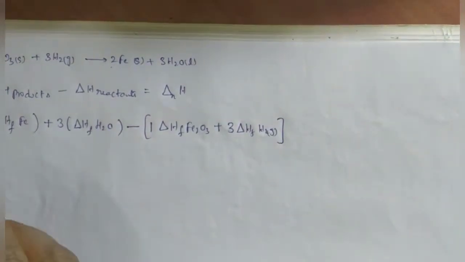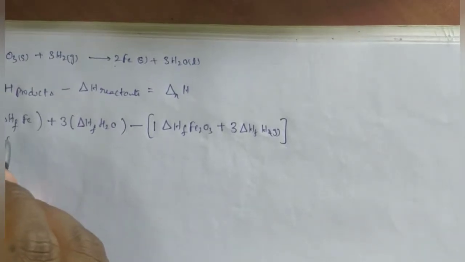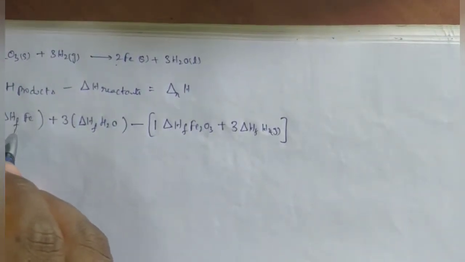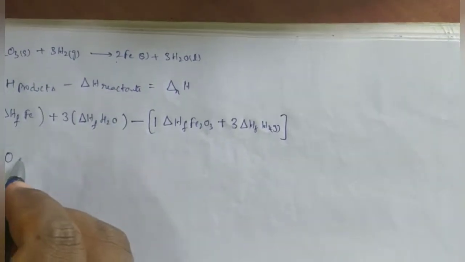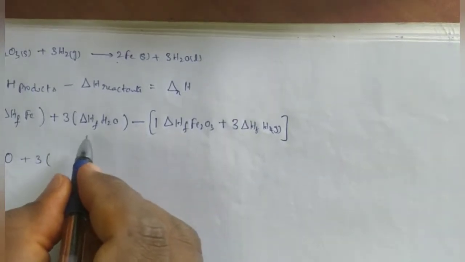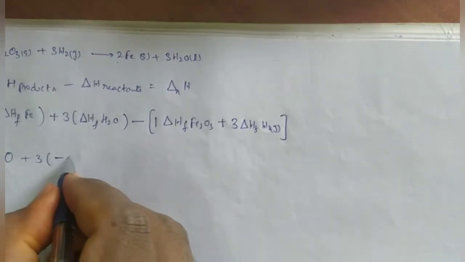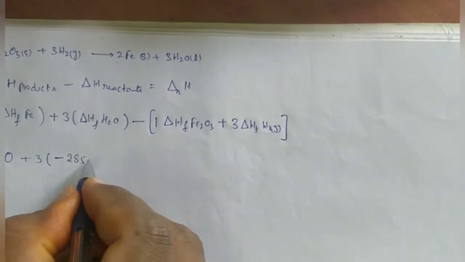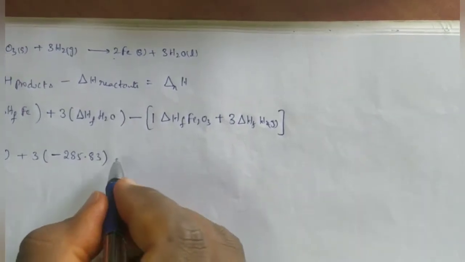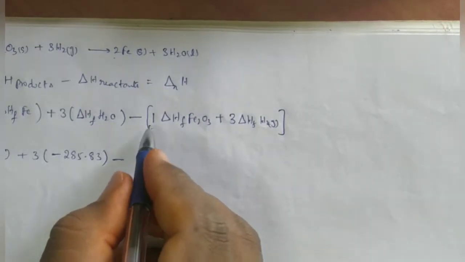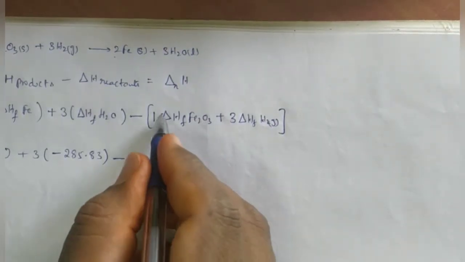This implies delta H of Fe is 0. So this one is 0 plus 3 into H2O. H2O is minus 285.83, minus 1 into this one.